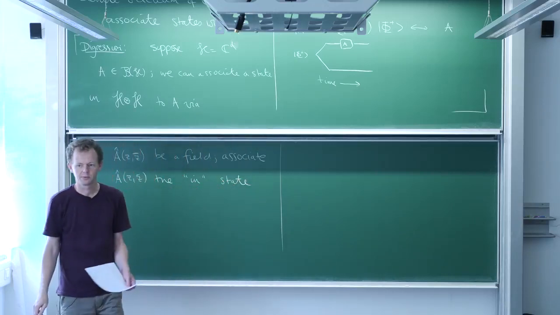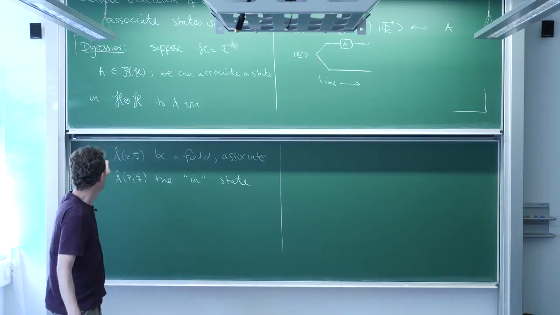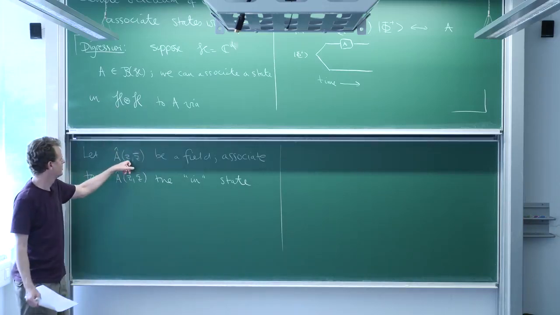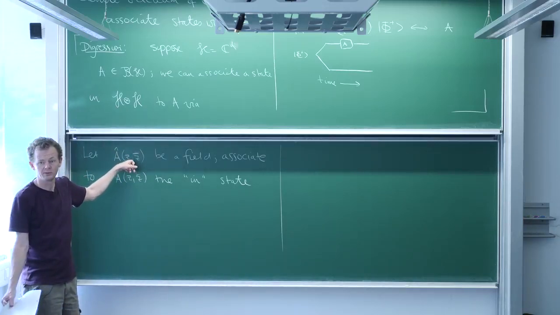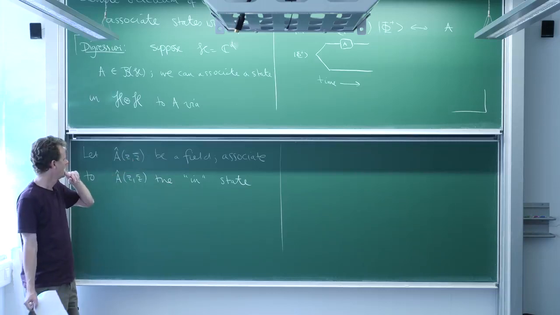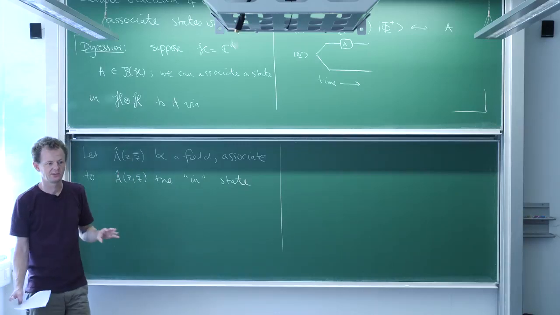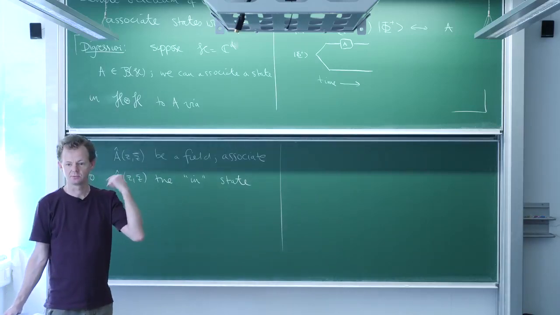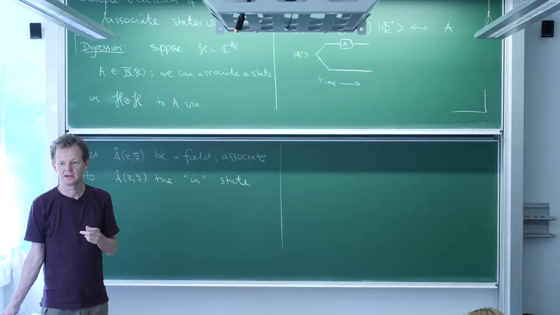Now, if you have a field operator, that's an operator which acts at some point in space-time. Notice we're using complex coordinates now for our space-time. Then you can associate to any field operator an in and an out scattering state. You just run time backwards or run time forwards and have A act on the vacuum.